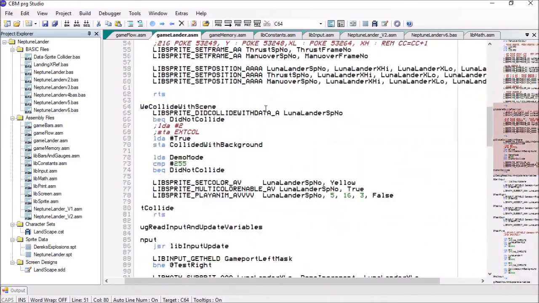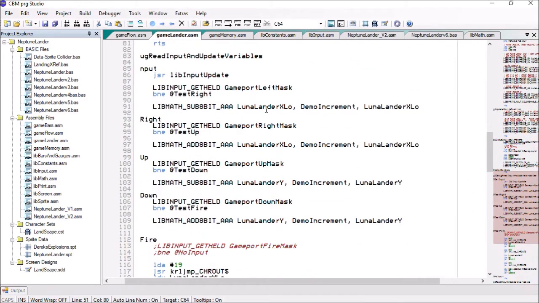Let's just have a look in demo mode. What am I doing in demo mode? Oh, I see. It should work in normal mode, but this is where it's going wrong in demo mode, because we're using the 8-bit add. So we need 16-bit.